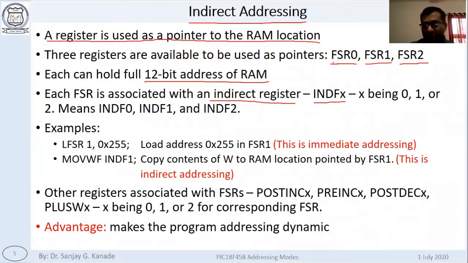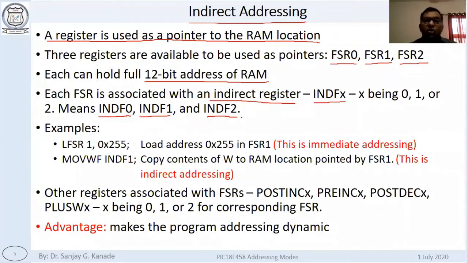Since there are three FSRs, FSR0, FSR1, FSR2, each FSR has a corresponding indirect register: INDF0, INDF1, INDF2. So FSR0 is associated with INDF0, FSR1 with INDF1, and FSR2 with INDF2.